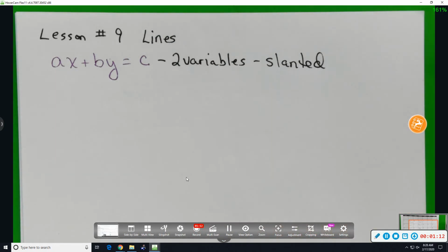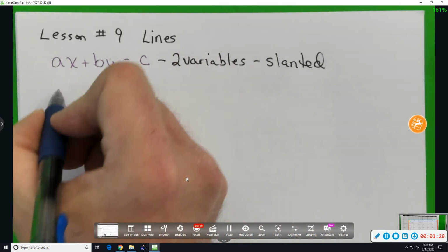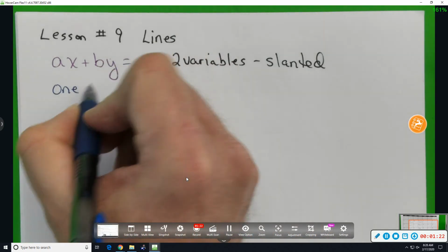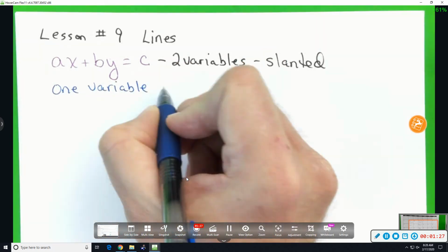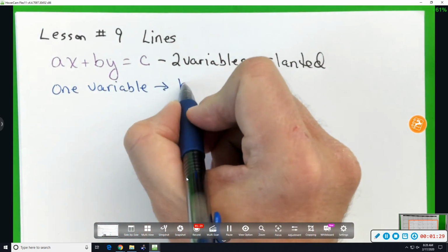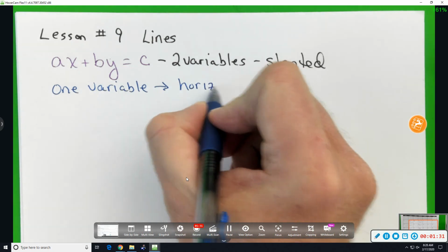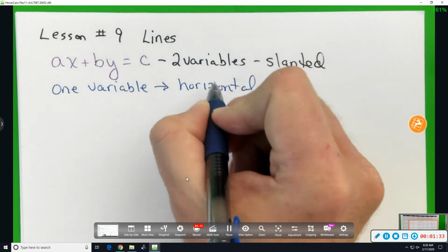Now, there aren't just slanted lines. There are also vertical and horizontal lines. If there's only one variable, then the line is either horizontal or vertical.